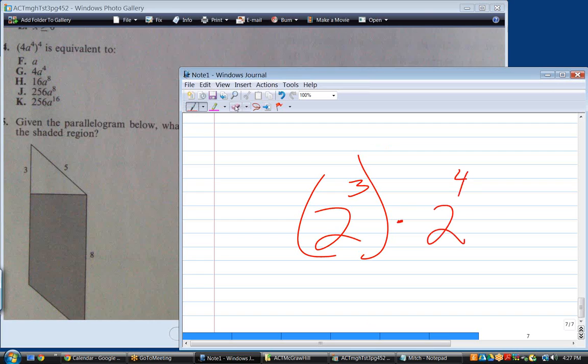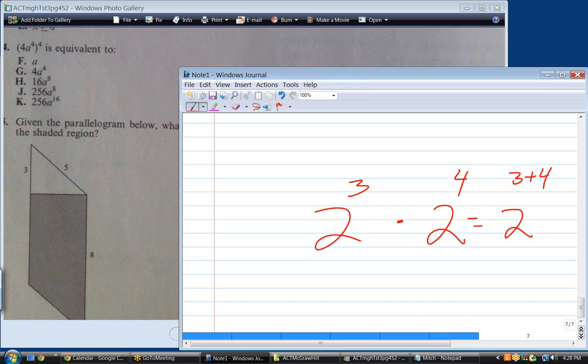In other words, if I had that, notice that I'm multiplying the 2's. They're the same, so I add the exponents. You always do one level less with the exponents as you're doing with the bases.